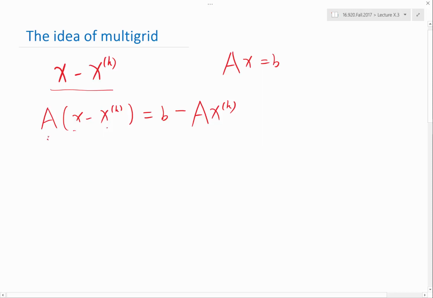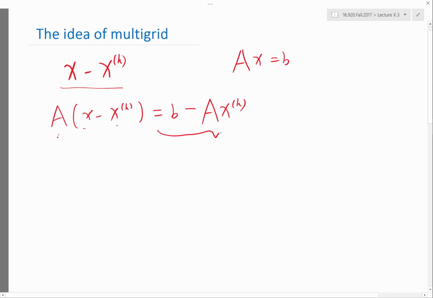A times the solution error is what we call the residual, and usually denoted by r. It's residual because it is how much we are not satisfying the equation, right? So if the residual is equal to 0, we are exactly satisfying the equation and we have solved the problem.